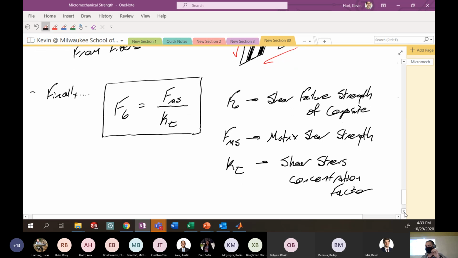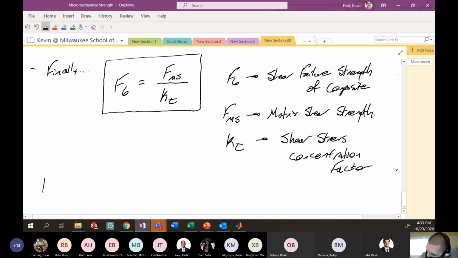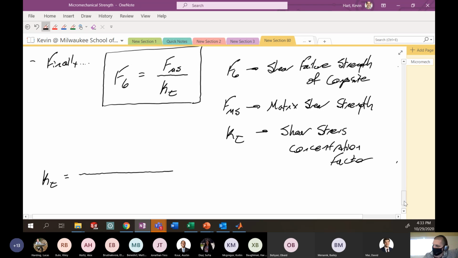And this has a mathematical derivation as well, based on the cubic packing theory, which is the following. It's going to look very similar to what you saw for the stress concentration factor for square packing.